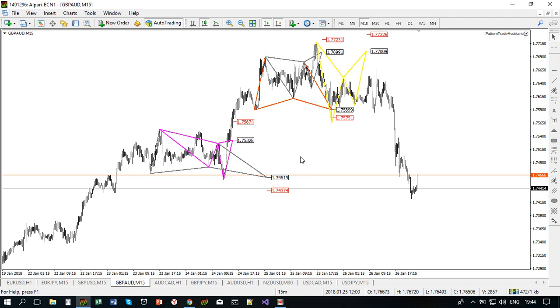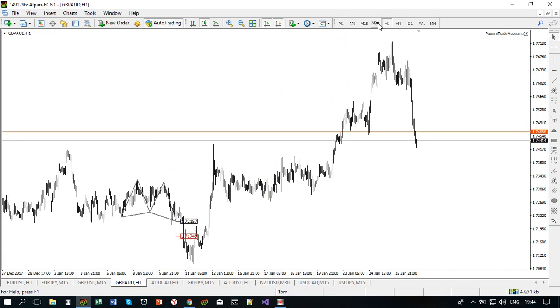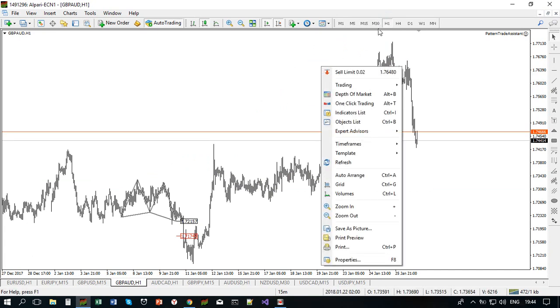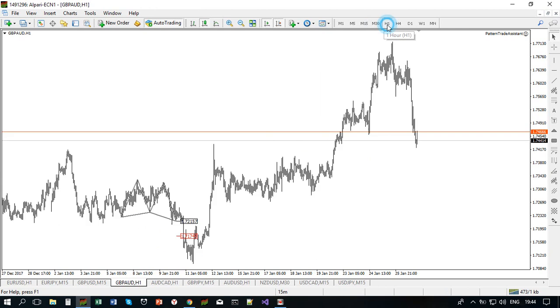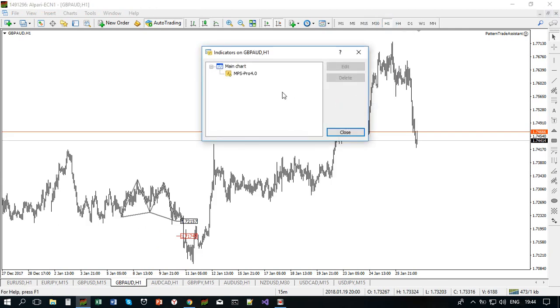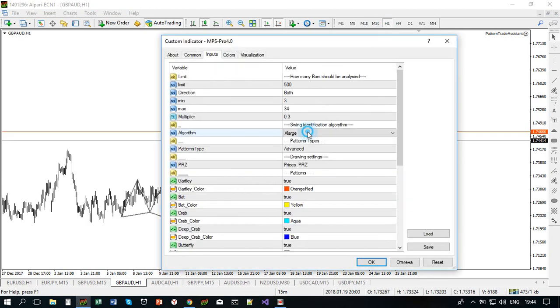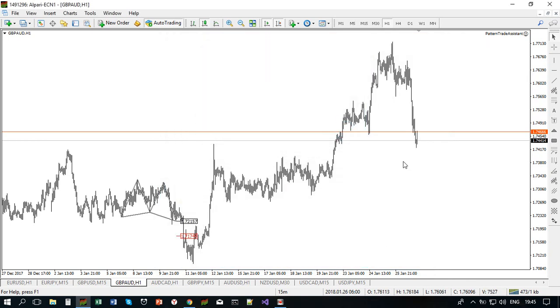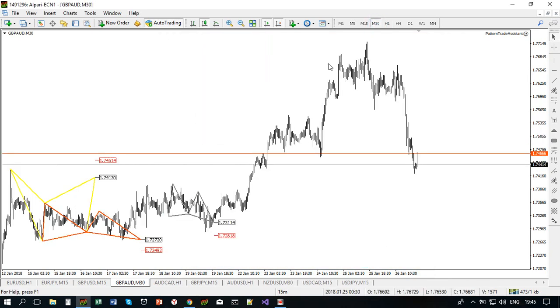So if you find some patterns working better on this pair, let's say small patterns work better, then it's up to you. Okay, as for that enormously large pattern, simply let's go to 1 hour, maybe 30 minutes. Okay, 1 hour and smaller algorithm. No, 30 minutes.